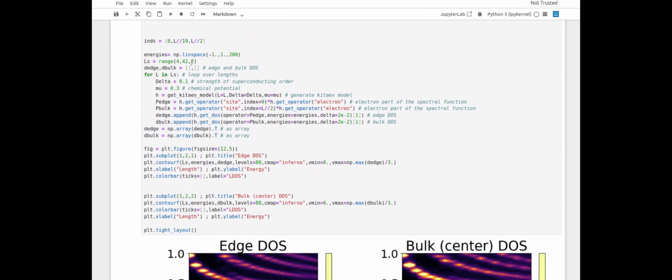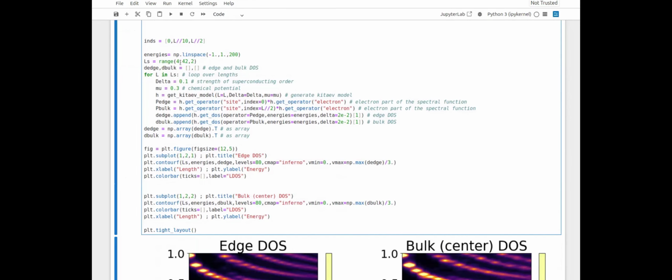So these are the lengths that we are going to consider, from 4 to 42 in steps of 2. And for each different length, we are going to add a certain superconducting order and a certain chemical potential. We generate our Hamiltonian, and then we compute the density of states at the edge and in the bulk.